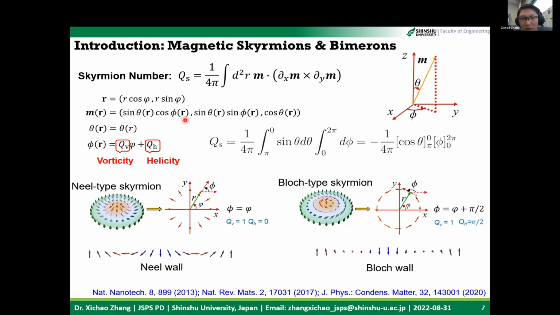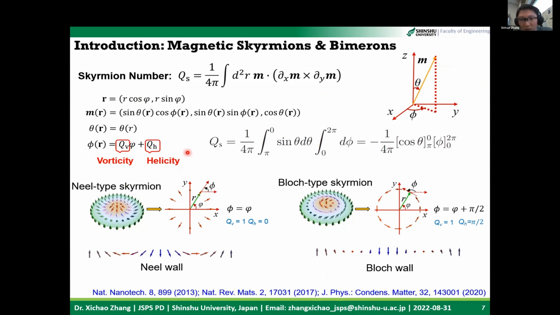In order to describe the magnetic structure of a skyrmion, we need to introduce the skyrmion number, which is also called the topological charge in some published papers. However, different skyrmion textures may have the same skyrmion number, so we also need to introduce the vorticity and the helicity numbers.